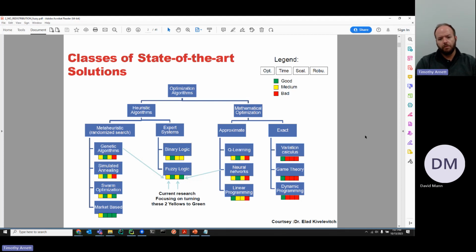The reason why these were referred to as expert systems was because when fuzzy was originally introduced back in the 1960s, they were used in a lot of industrial control systems where it was difficult to construct an explicit model of the system. But it was relatively easy to encode information, or there was a lot of useful information from the operators or people with a lot of experience in those systems.